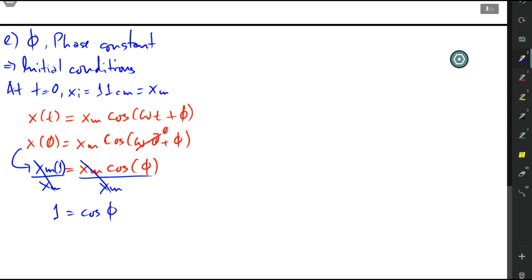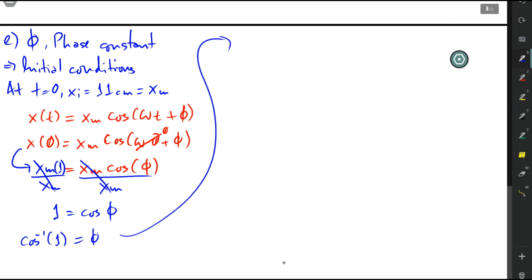Now if you go a step ahead, you can ask yourself what angle gives you a cosine of 1, or we do it the other way around: arc cosine of 1 equals phi.